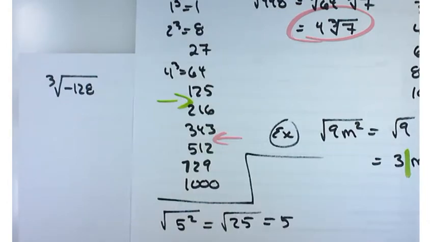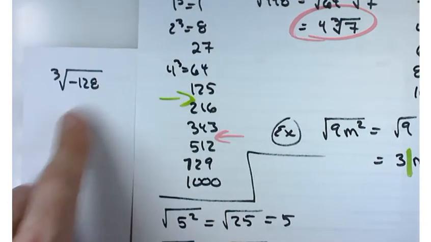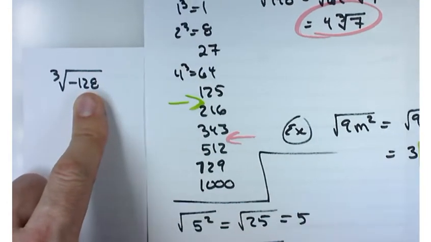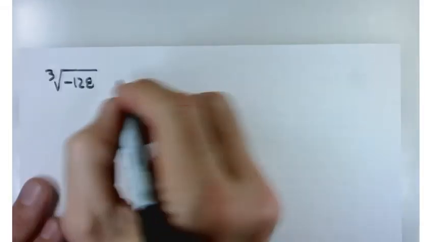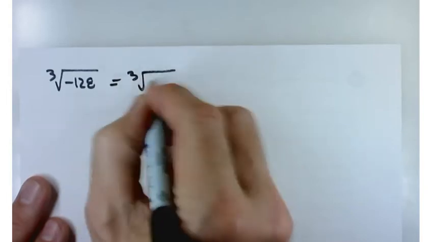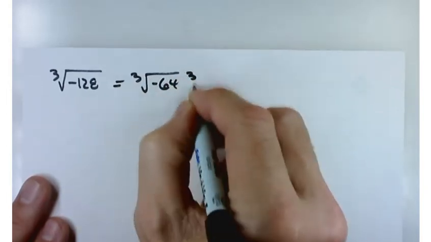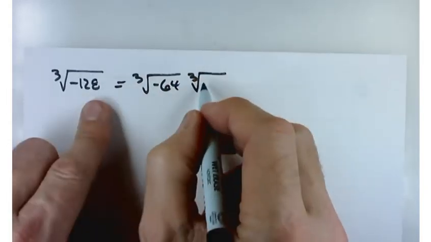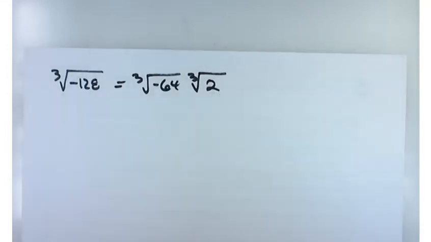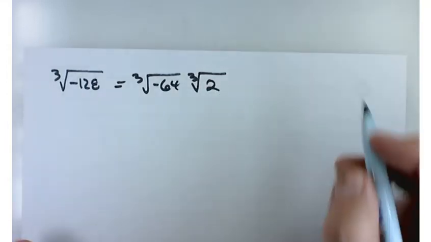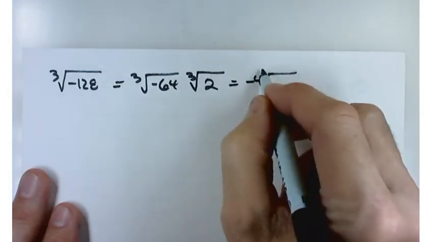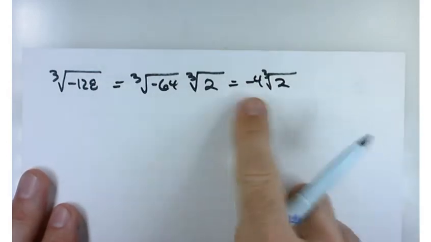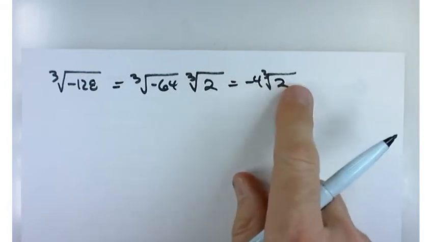Is there a perfect cube that divides 128? 64. Good. I'll also put the negative out in front here. So -64, cube root of that, and that's going to leave behind a 2. What's the cube root of -64? Thanks, August. -4. So negative 4 times the cube root of 2.